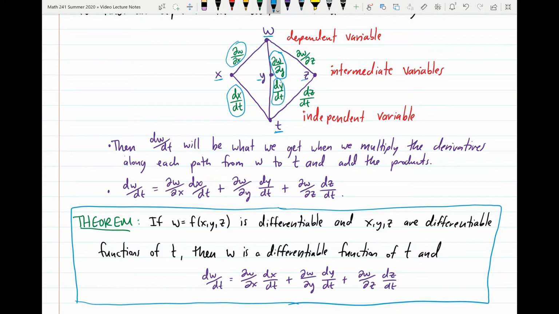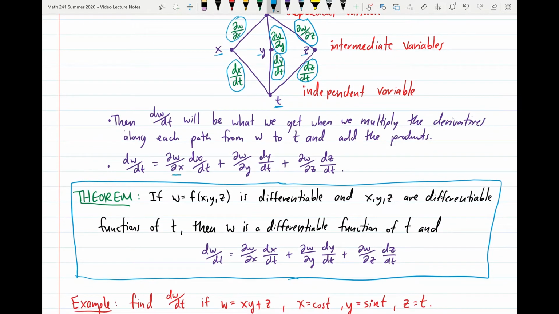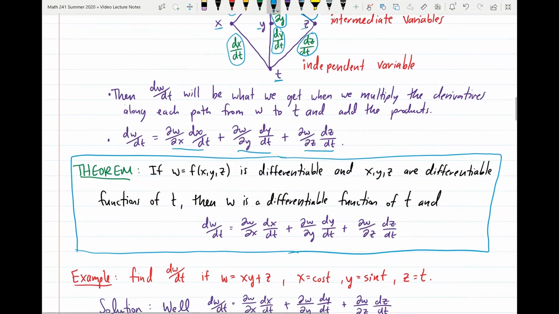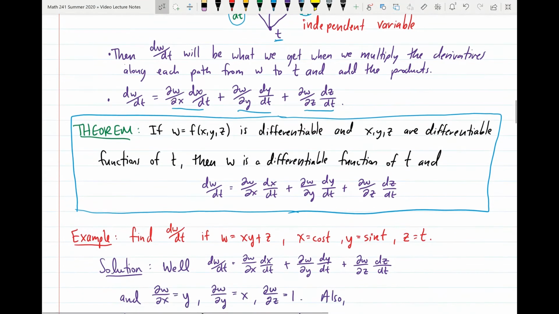That's the second path. And then finally, plus the partial derivative of w with respect to z times the derivative of z with respect to t. That's our last path, and that'll give us the expression here for the derivative of w with respect to t. So that's going to be our chain rule for functions of three variables.